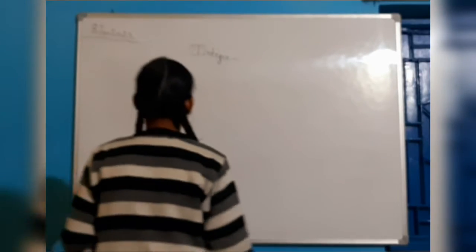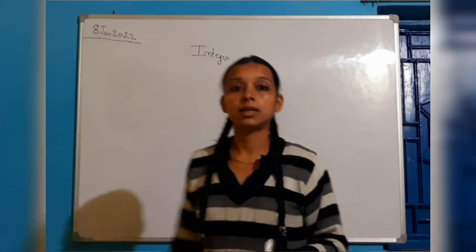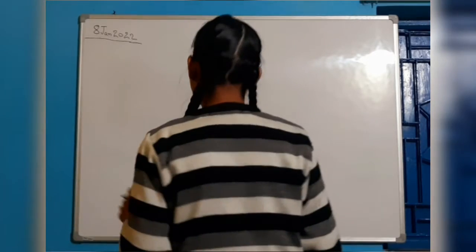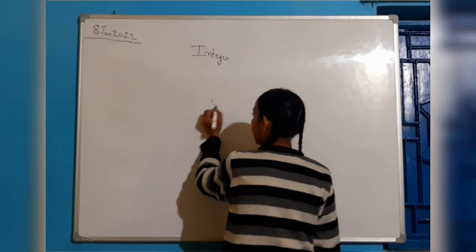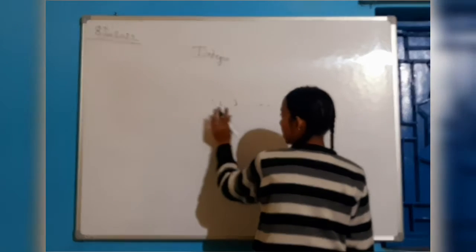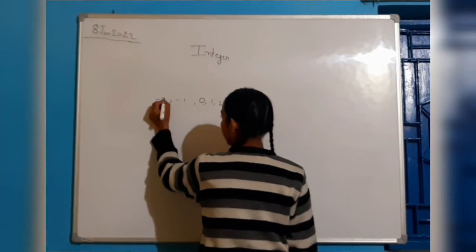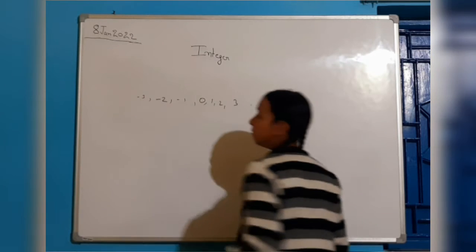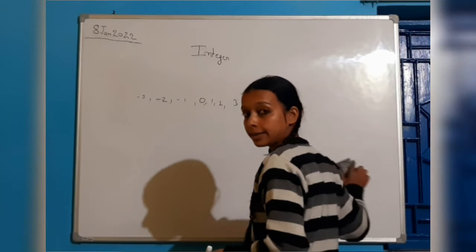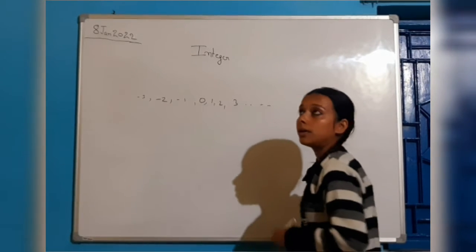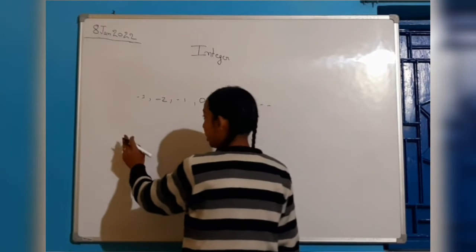In integers we can represent the numbers on a number line: 1, 2, 3 are natural numbers, 0 is the whole number, and -1, -2, -3. When we add a number, we go to the right side, and when we decrease a number, we go to the left side.